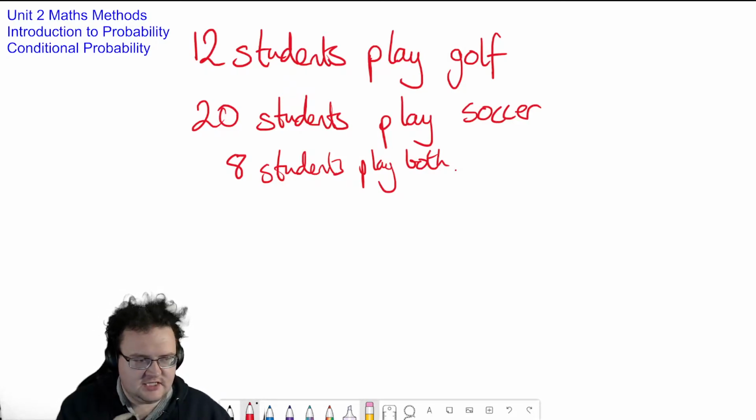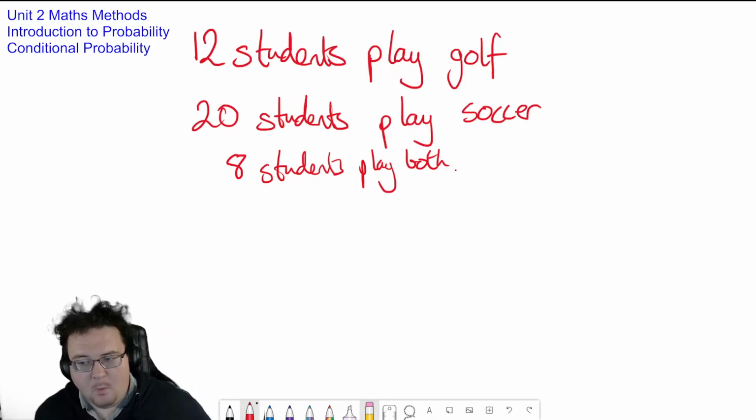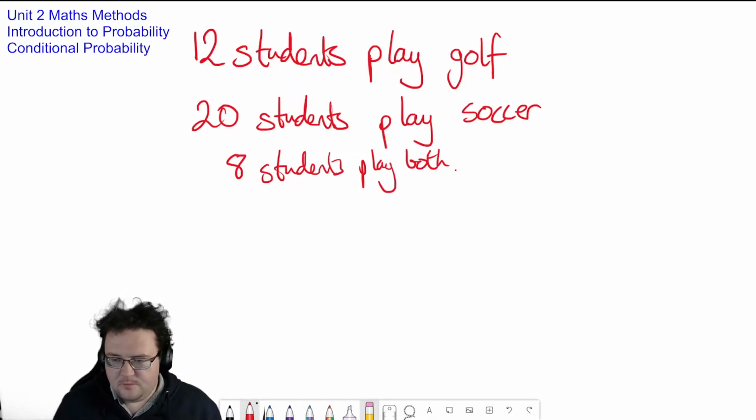What I have up there is an example of a type of situation that you might be asked to turn into a Venn diagram. 12 students play golf, 20 students play soccer, and 8 students play both. So what we need to do is turn that into a Venn diagram.